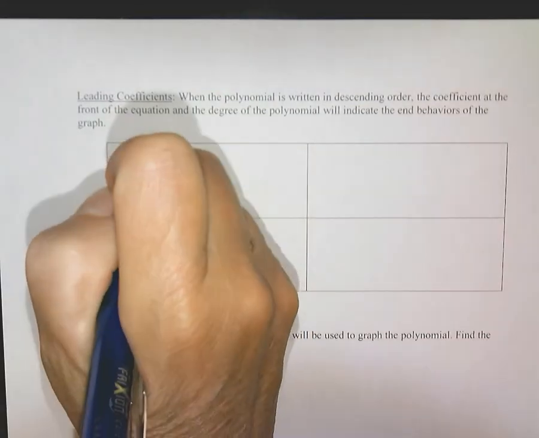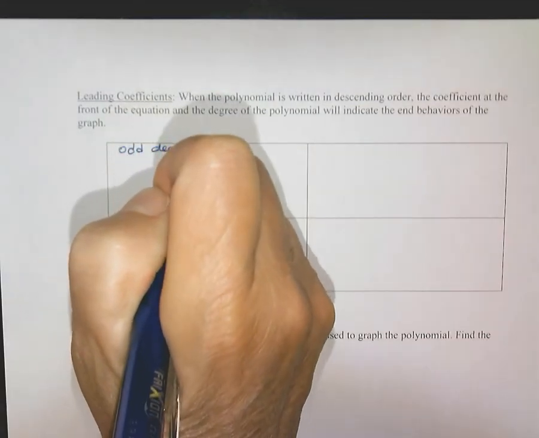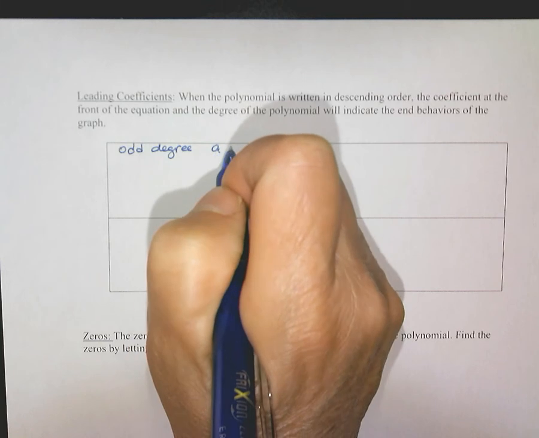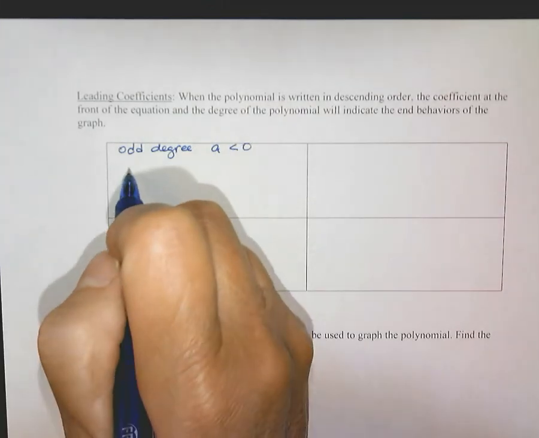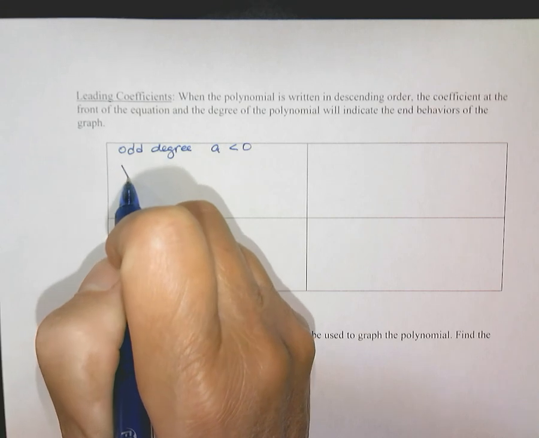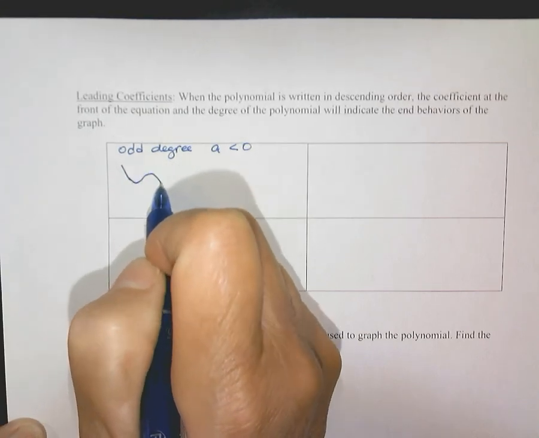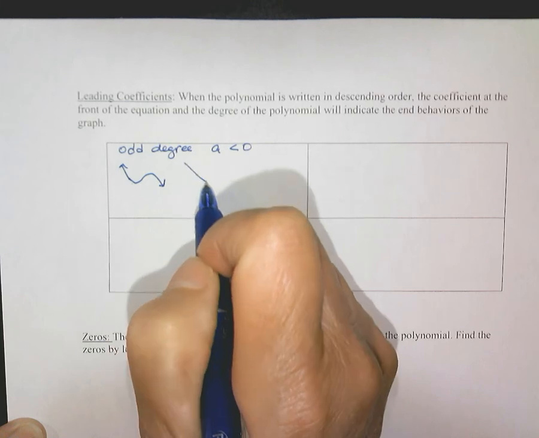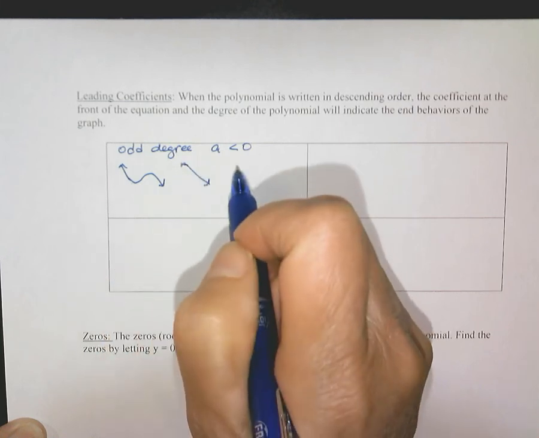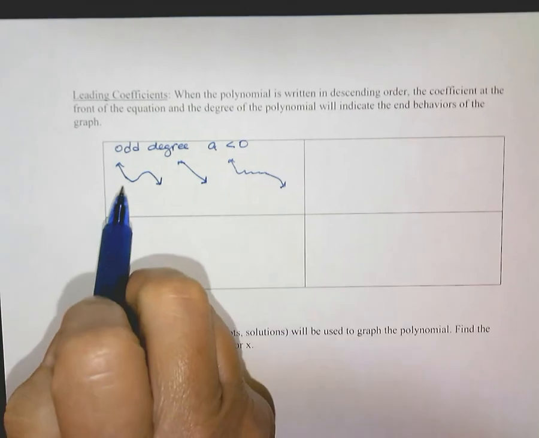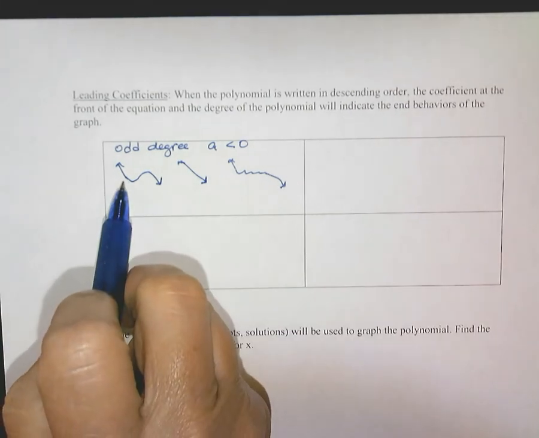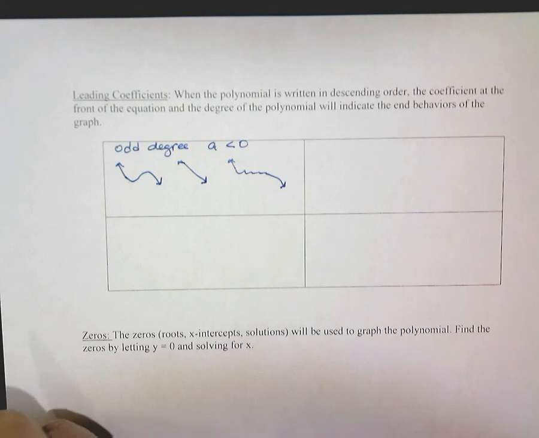So if it's an odd degree polynomial and the leading coefficient is negative, then it's going to look like this, something like this, it goes down. So the left side goes up and the right side goes down.